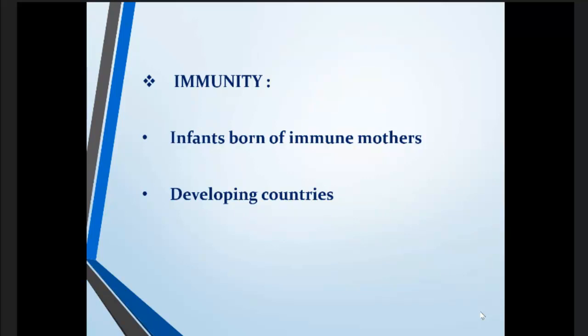Of course, as we said, in developing countries, because of low coverage of immunization, the younger age groups are usually affected, and may not all have immunity because of low coverage with immunization or vaccination.